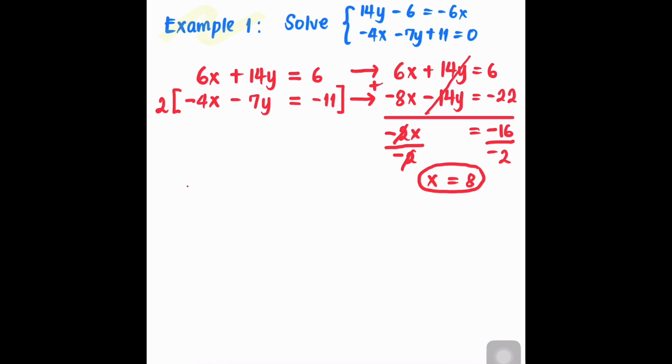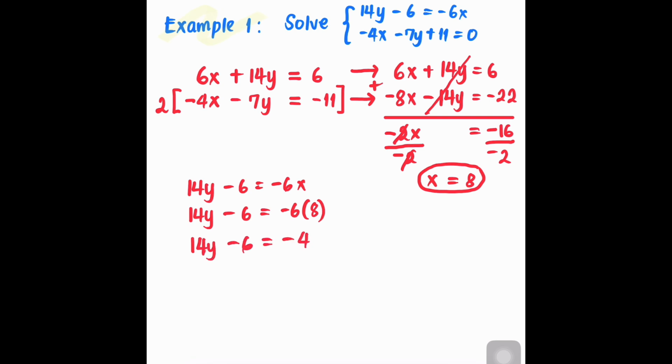So I'm going to be using the first equation, 14y minus 6 equals to negative 6x. So from here, I will substitute the value of x, which is 8, into the equation. So I will have 14y minus 6 is equal to negative 6 times positive 8. And then keep simplifying. So we have 14y minus 6 equals to negative 48.